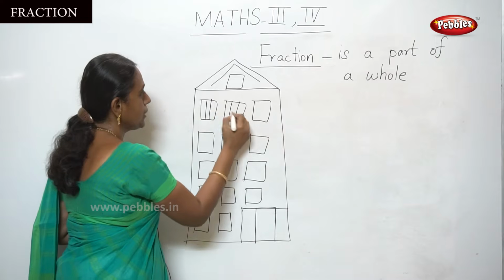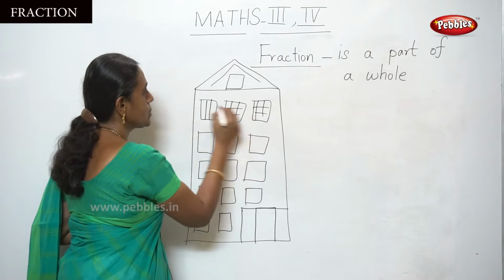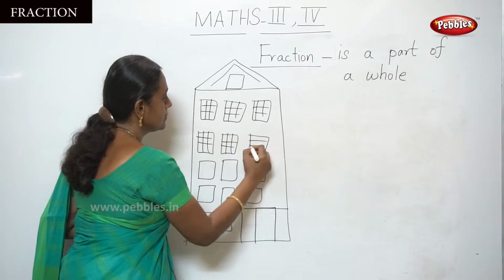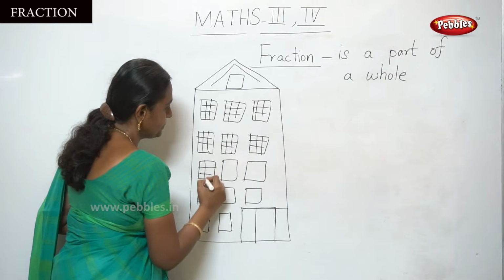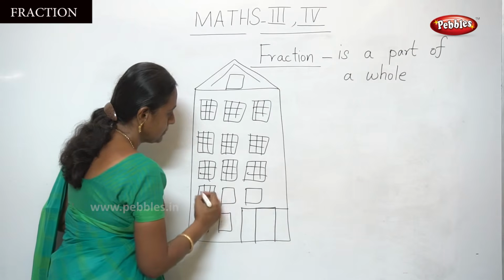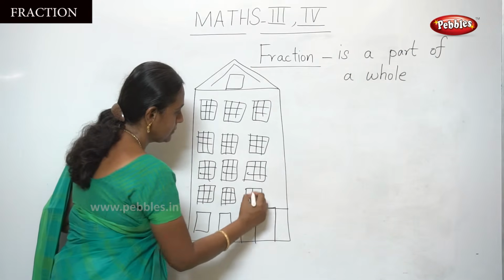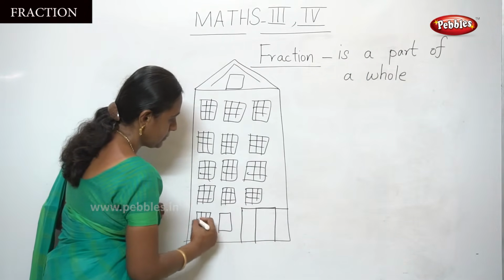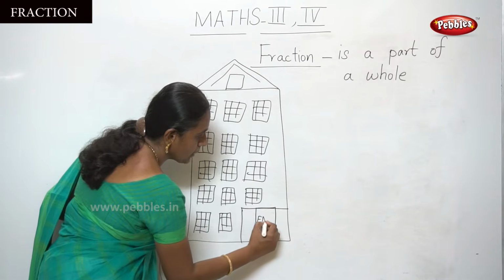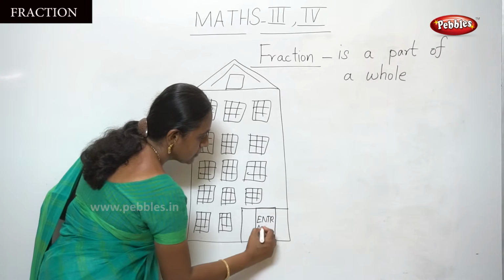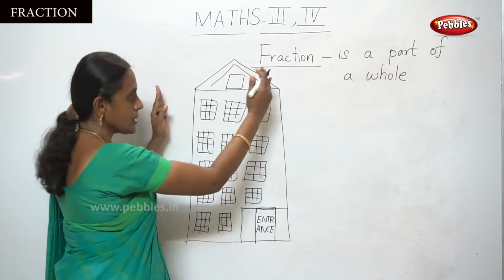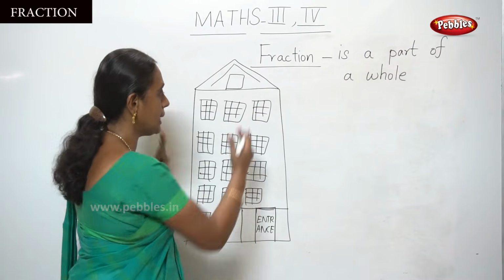These are the windows and doors. This is the entrance door. This is a door. So this is a long 4-story building.